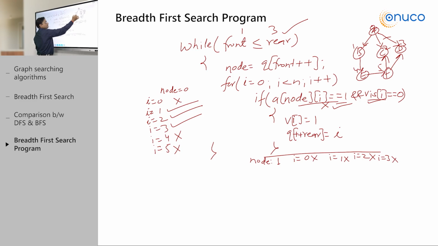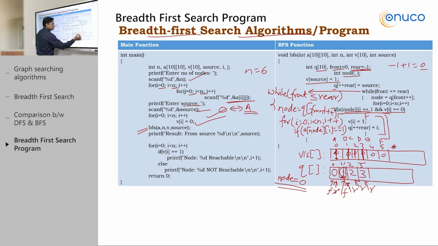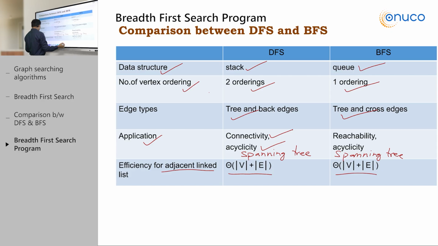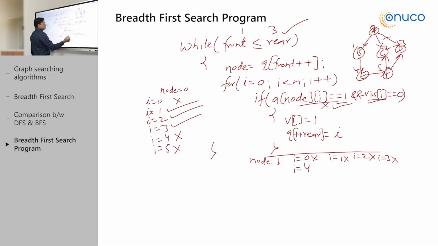Now 1 to 4. Do you have a path from 1 to 4? Yes. So we write I is equal to 4. There is a path from 1 to 4, and we check that visited of 4 is 0. Then only can we say the condition is true. Visited of 4 is 0? Yes. So both conditions are true. If both conditions are true, then we do this: visited of I is equal to 1, so visited of 4 is equal to 1, and Q of plus plus rear.